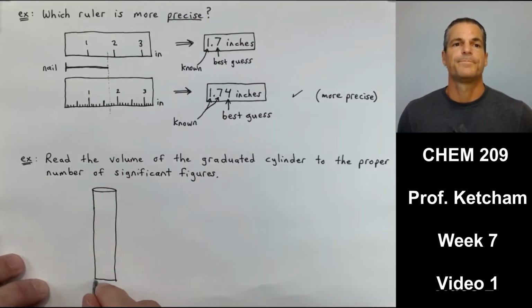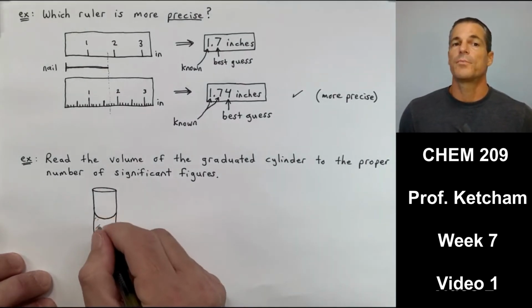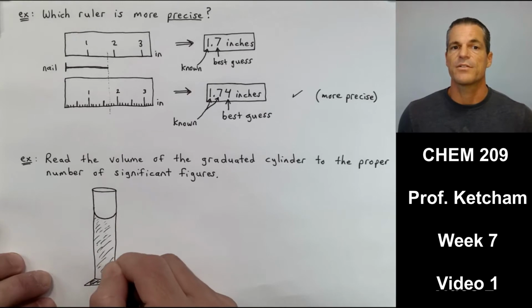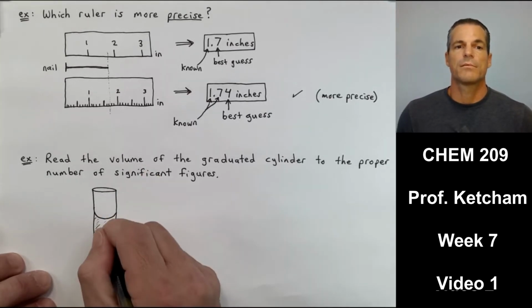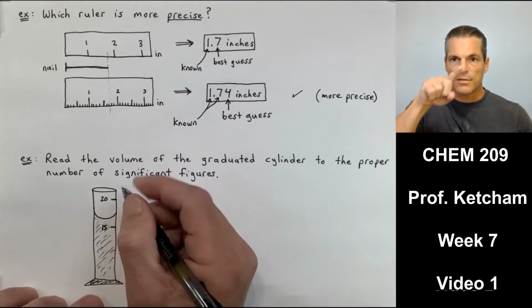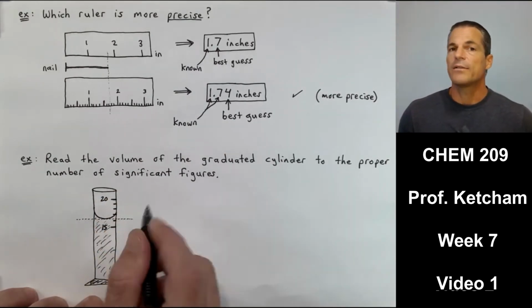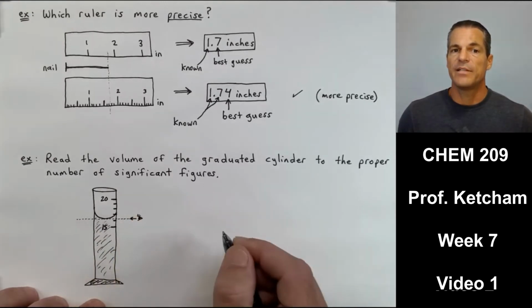Let's try another one. Read the volume of the graduated cylinder to the proper number of significant figures. All right, so it looks like a colored liquid. That little curvature thing is the meniscus, okay? And you always want to read at the bottom of the meniscus.